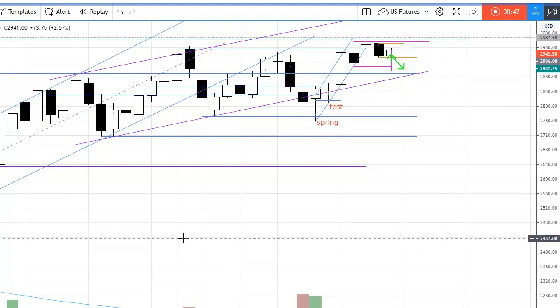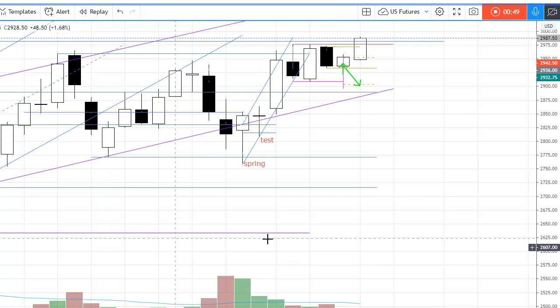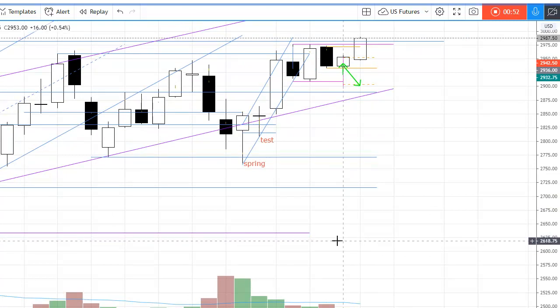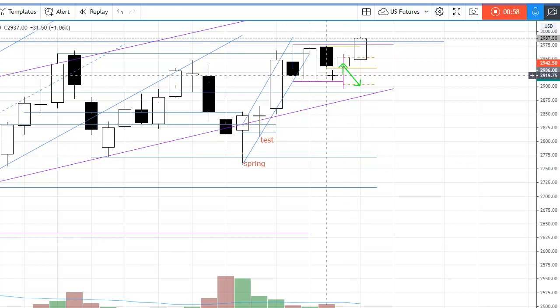As you can see on this daily chart of the S&P 500, last Friday I talked about a potential bearish scenario because I compared this Thursday action with the 19th of May, and I thought there was some demand there, but that needed some kind of upside confirmation, which it didn't get.